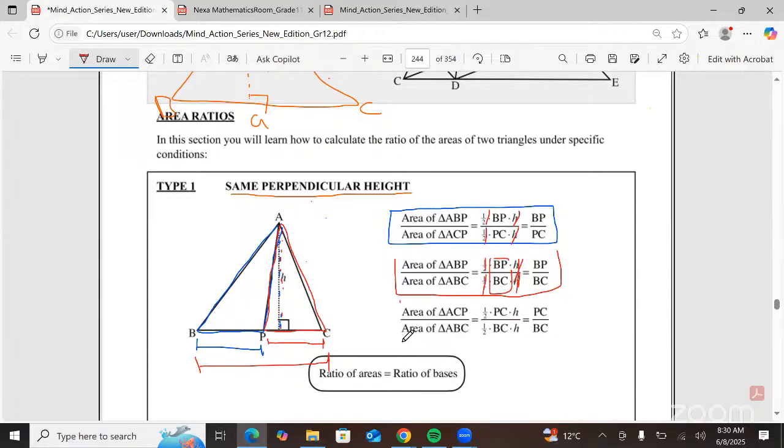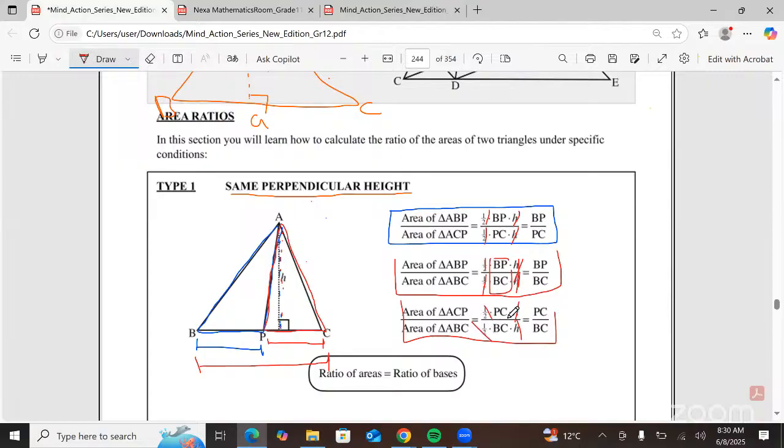The same applies with this last condition. Now the area of ACP with the base PC, and then triangle ABC all over half times the base BC. The same applies: H and H, half and half.